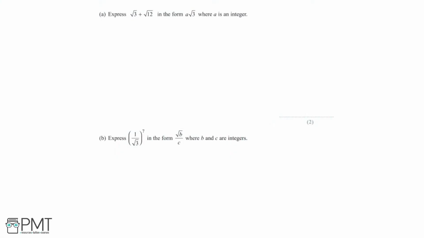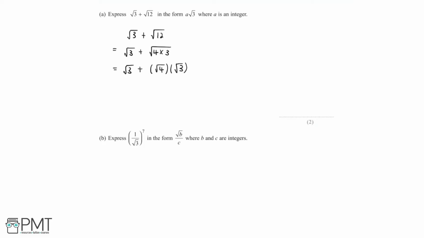In part A, we need to express root 3 plus root 12 in the form a root 3, where a is an integer. Well, since 12 can be written as 4 multiplied by 3, the square root of 12 can be written as the square root of 4 multiplied by 3. Well, now using our surd laws, we can simplify this further. The square root of 4 multiplied by 3 can be written as the square root of 4 multiplied by the square root of 3.